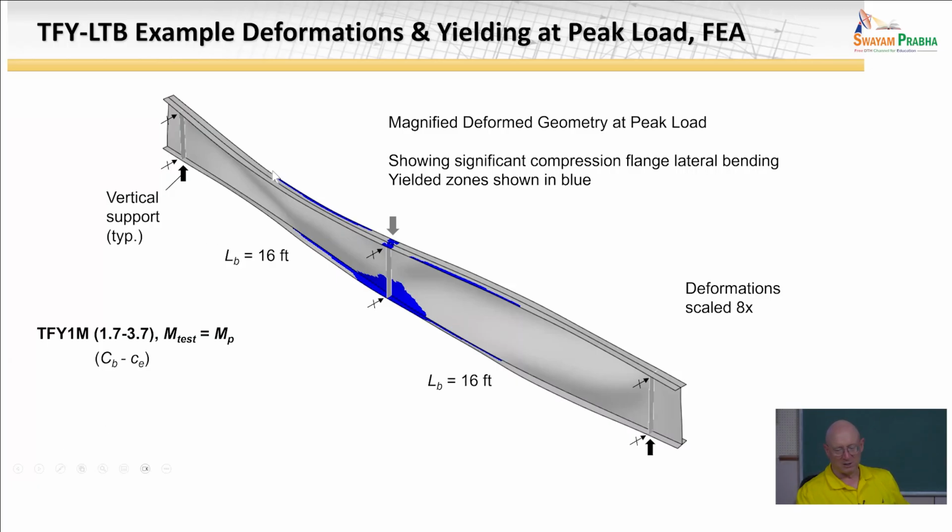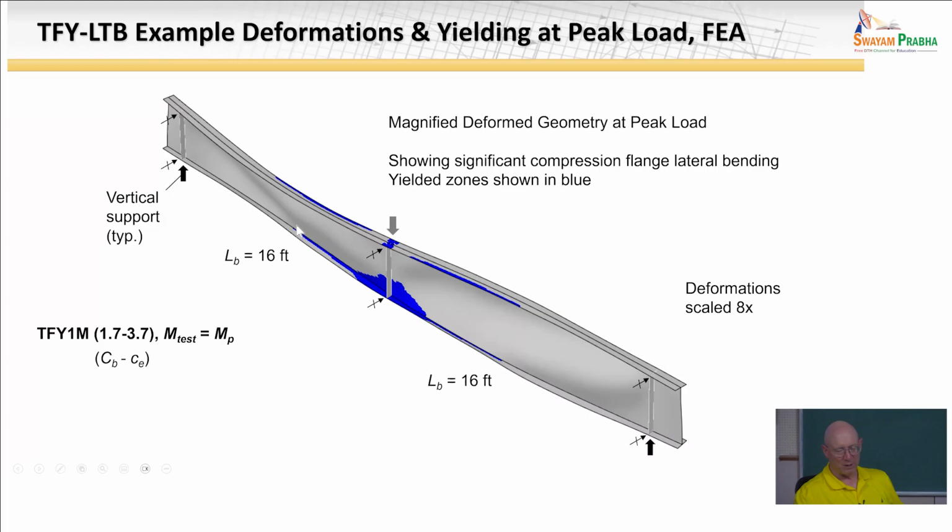We see substantial onset of yielding, shown by the blue areas here, out within the unbraced length as we're approaching that condition, approaching the ultimate strength here.